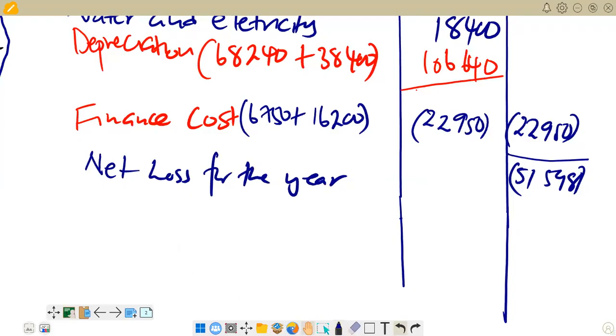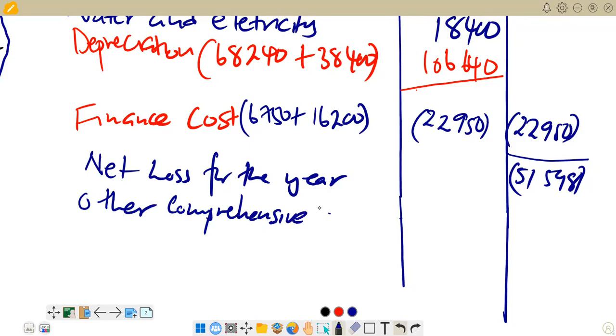We are supposed to add them here, but in this question we don't have any. We are supposed to add other comprehensive income that we have for the year, but here we don't have anything.